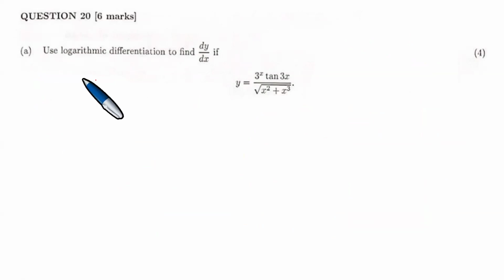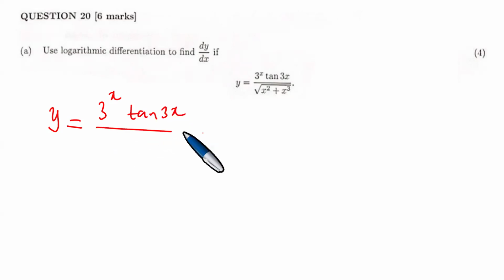Now use logarithmic differentiation to find dy/dx. We've been given y equals 3 to the power x, tangent of 3x, divided by the square root of x squared plus x cubed.